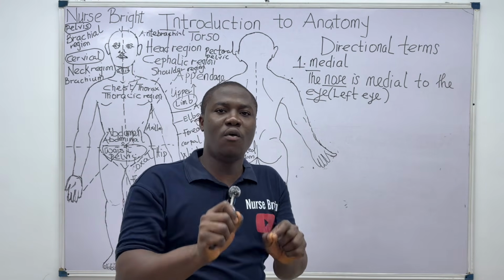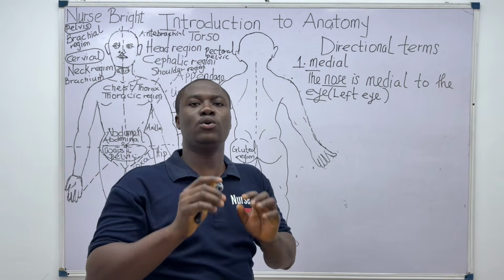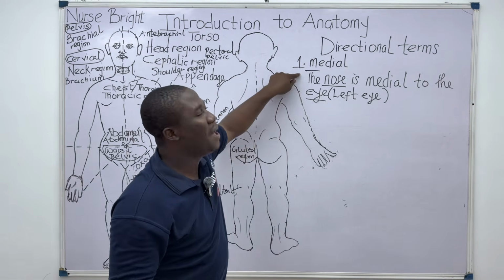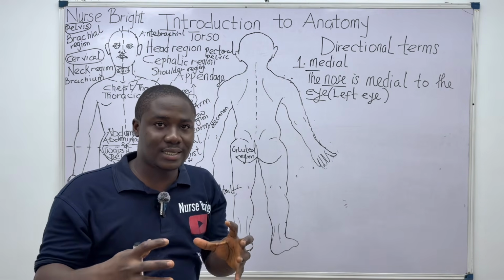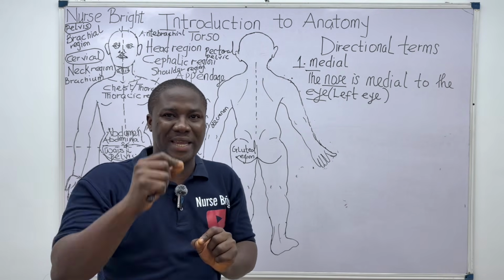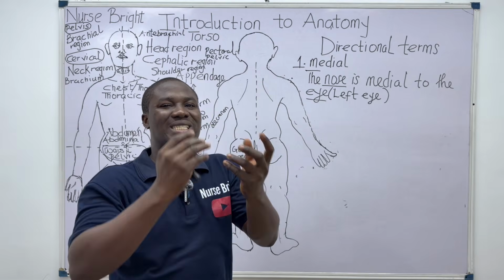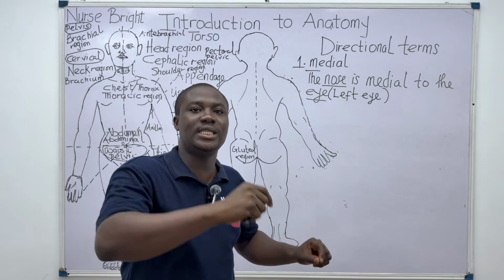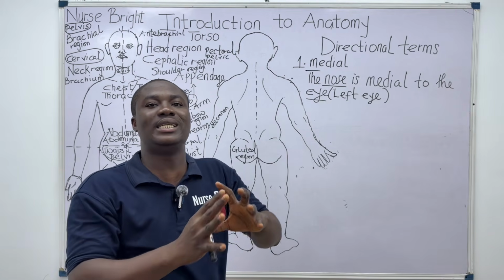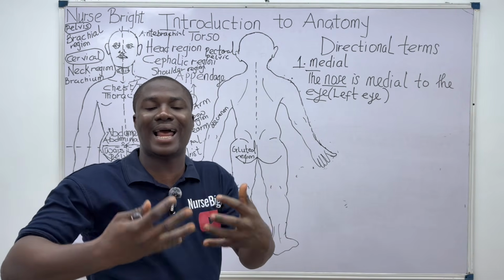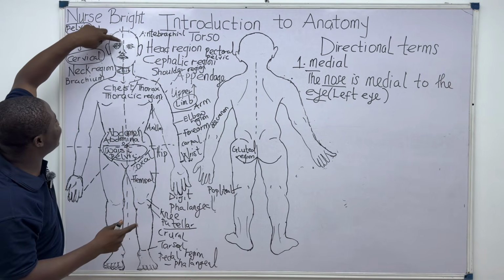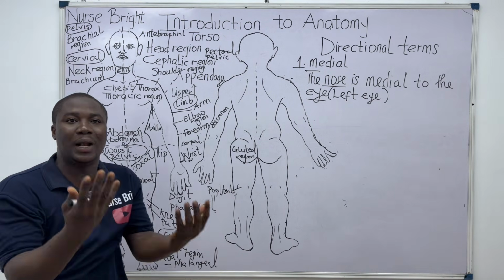Okay, guys, moving further, we are still on this directional term called medial, and you can see that the word medial has to do with median, which we have explained already on the types of anatomical planes. And I believe you know that this is the median plane.